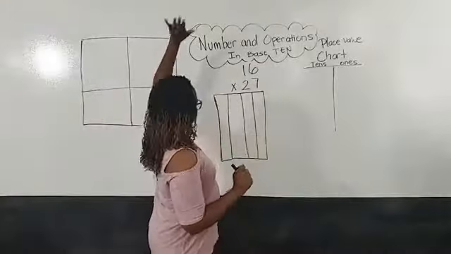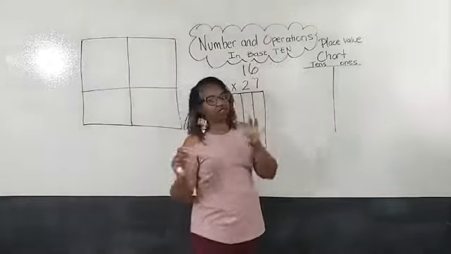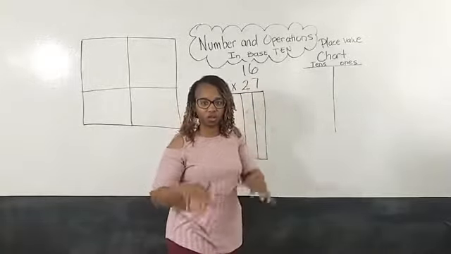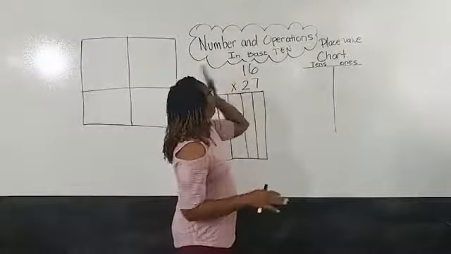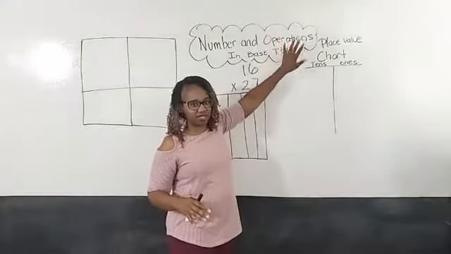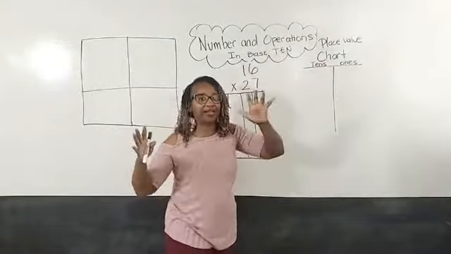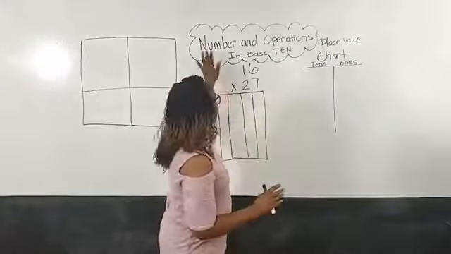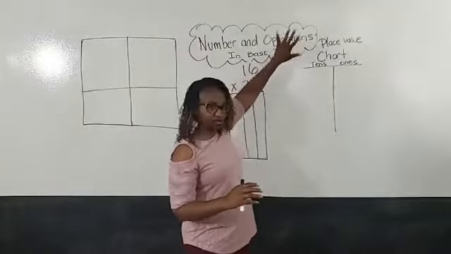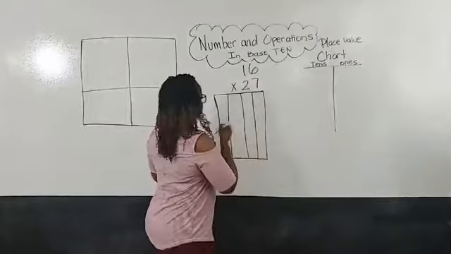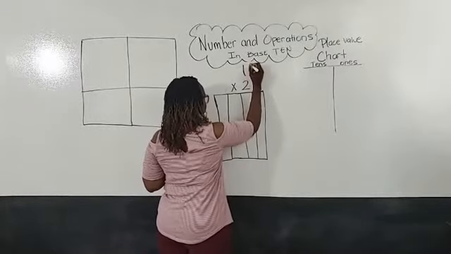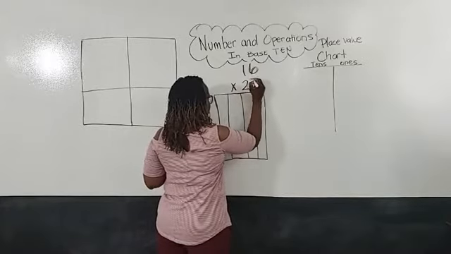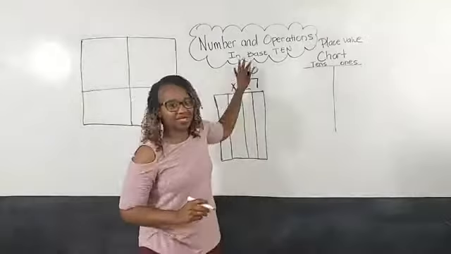Okay, so as I stated before, I'm really going to give you the standard that your student or your child is working from. If you're an educator, you're familiar with the numbers and operations in the base 10 standard already. If you are a parent and now you're helping to assist them at home to get these assignments done, they're working from this standard, okay? So, looking at our problem, if I had 16 and I'm multiplying that by 27, of course, we can do it the standard way, right?